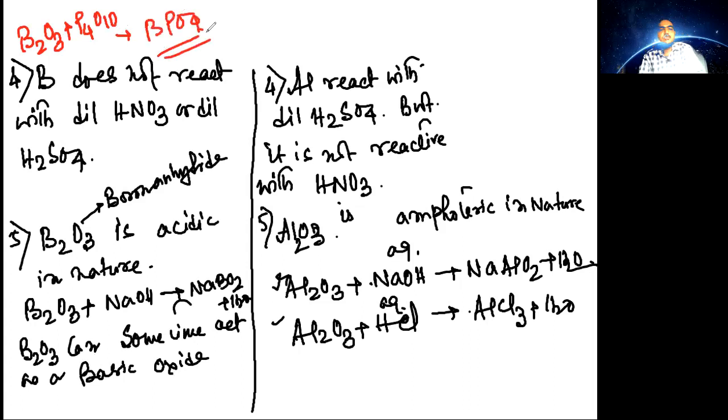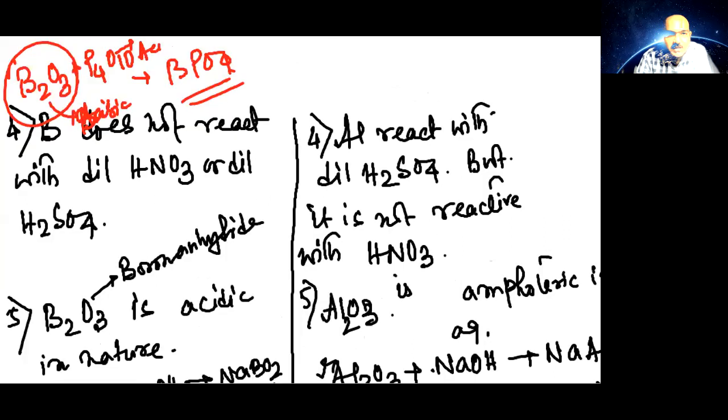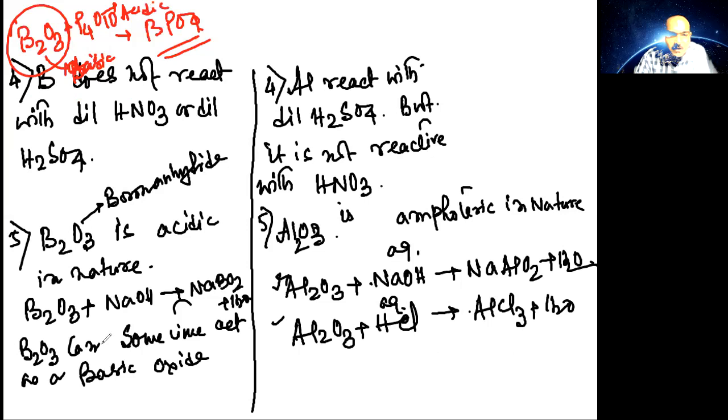So in this reaction, this is a basic oxide and this is an acidic oxide. In this case only, or whenever it reacts with As4O10, then B2O3 will act as a basic oxide. So these are the five different answers.